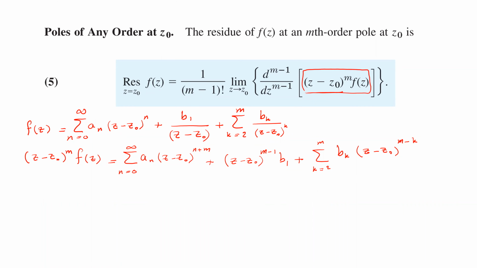So if I write it down, it becomes b2 times (z minus z naught) to the power 2 plus b3 (z minus z naught) to the power 3 and so forth, right?